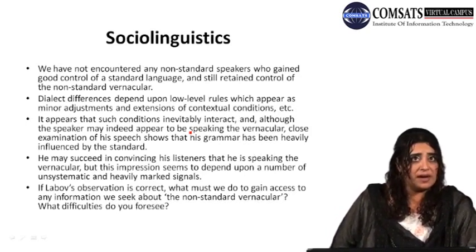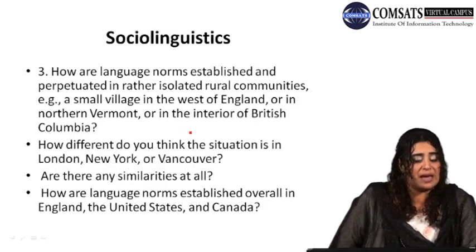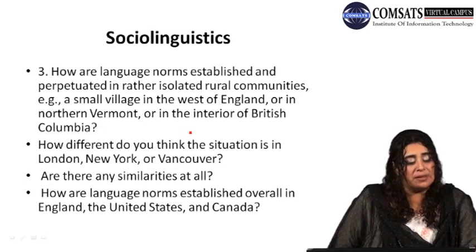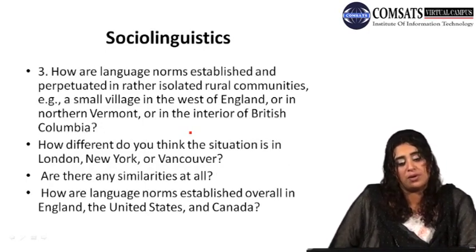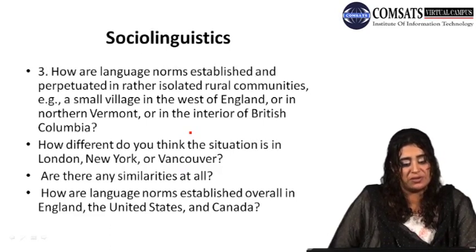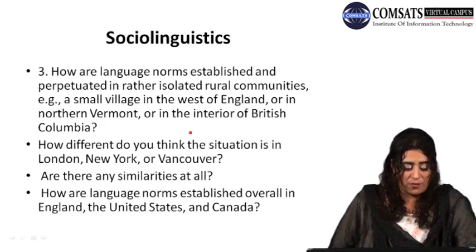So when we ask how language norms are established and perpetuated in rather isolated rural communities, for example a small village in the west of England, or in northern Vermont, or in the interior of British Columbia, how different do you think the situation is in London, New York, or Vancouver?